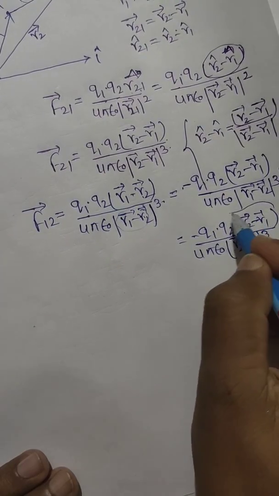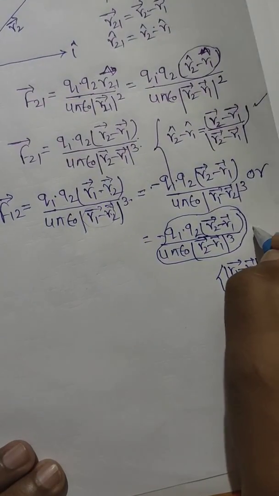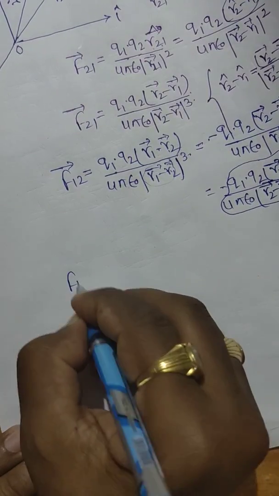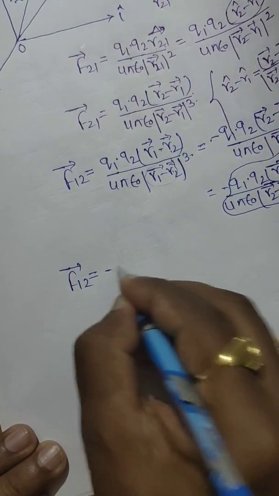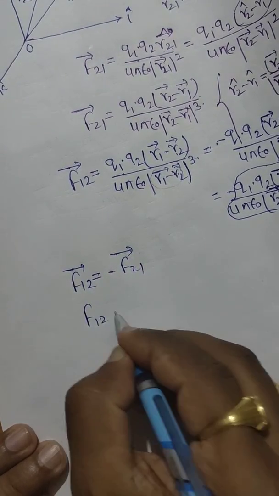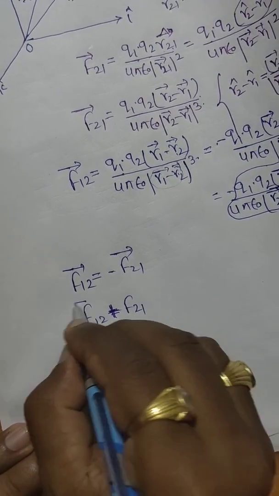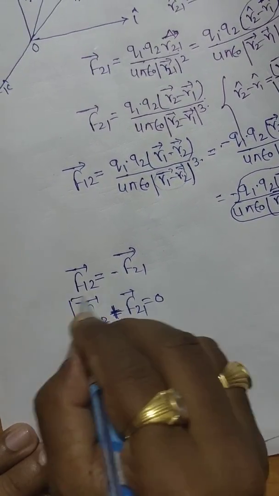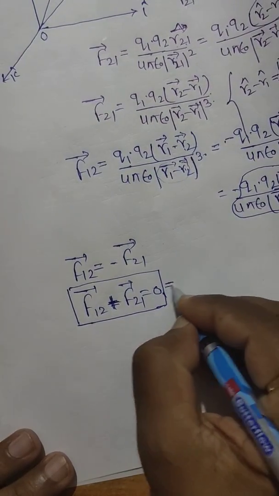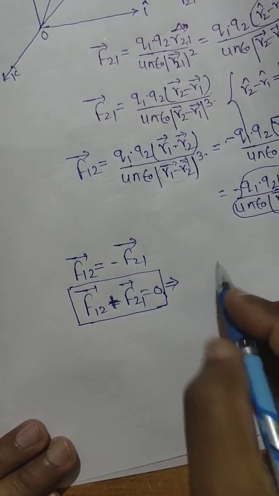So we can use this relation, and that's why F12 is equal to minus F21 vector. Now in the Cartesian system, the same result can be obtained: F12 plus F21 is equal to 0. So we can say that Coulomb's law obeys Newton's third law.